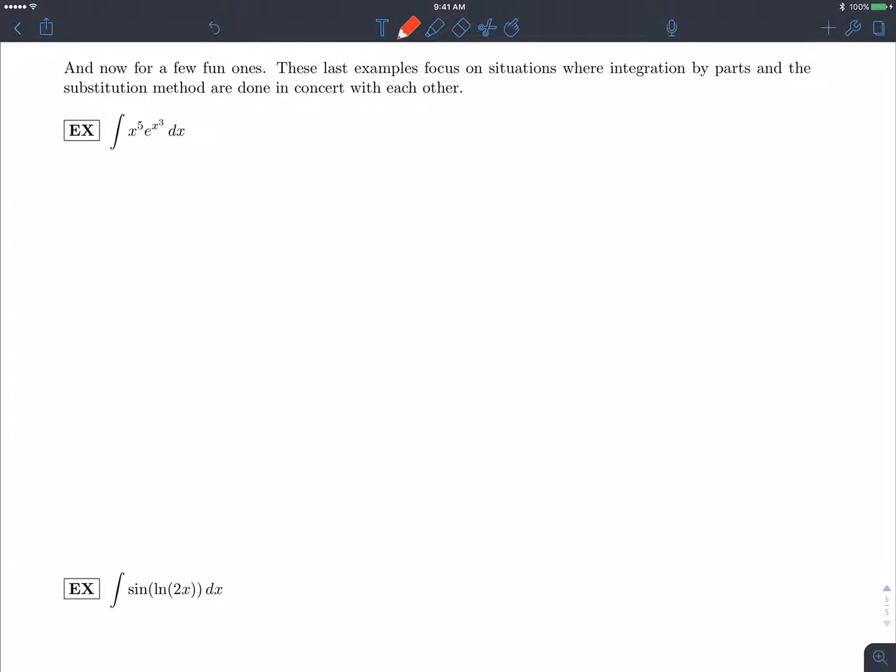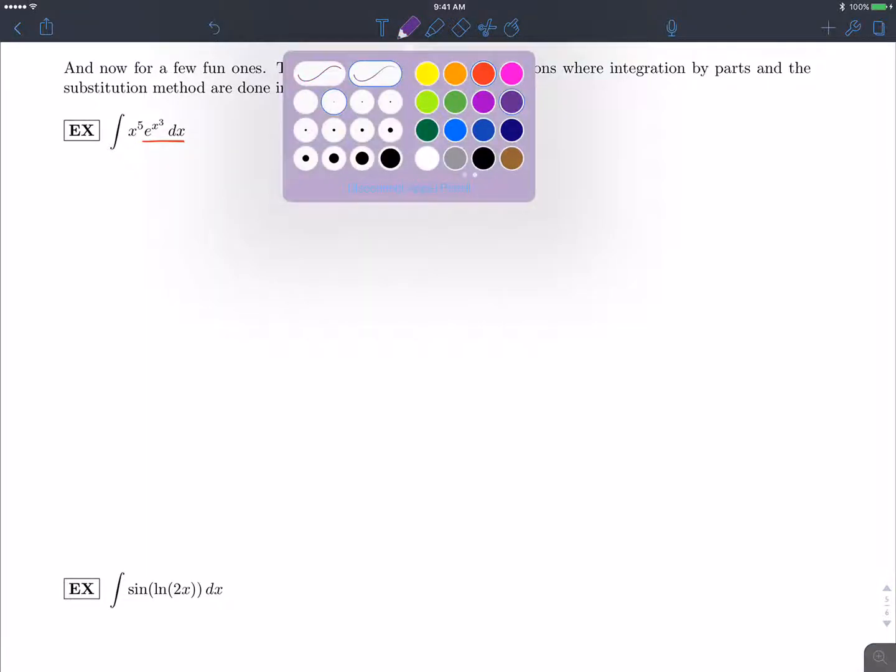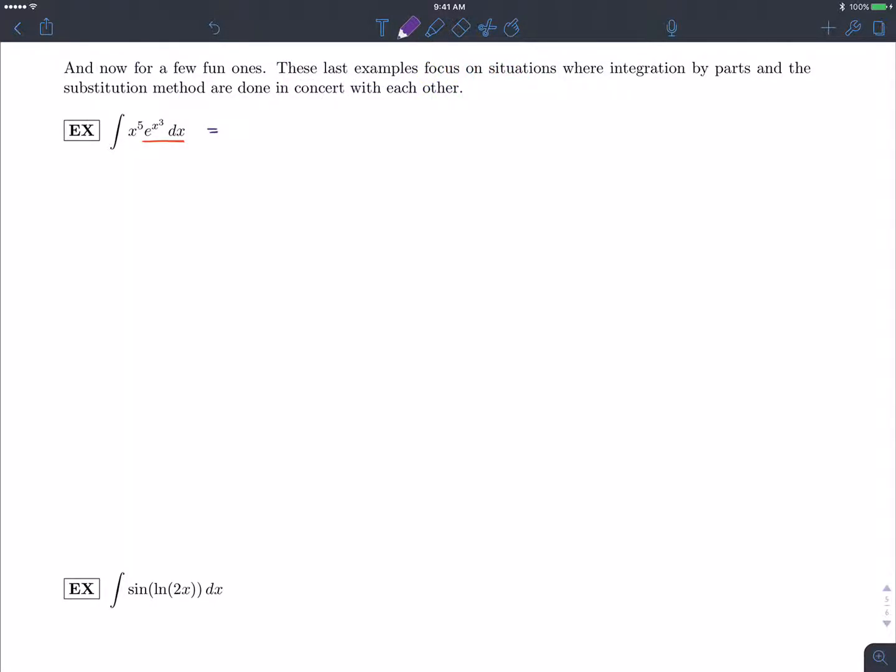So again, recognizing that the trouble spot here is the integrating of e to the x cubed, what if we were to rewrite this integral, because we've got 5 factors of x right here, and this e to the x cubed, in order to integrate, would need an x squared with it.